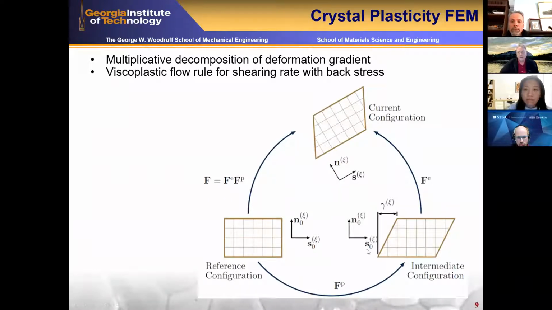A viscoplastic rule is used for the slip system shearing rate, typically including a back stress, and it's very important, for example, for precipitation hardened aluminum alloys, such as aluminum 7075 T6 that I'll show, and less so for alpha titanium and alpha beta titanium alloys. But nonetheless, we maintain that that's an important element to understand both intragranular and intergranular types of effects.